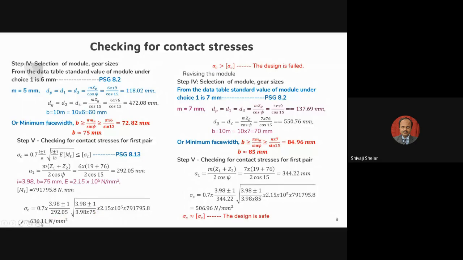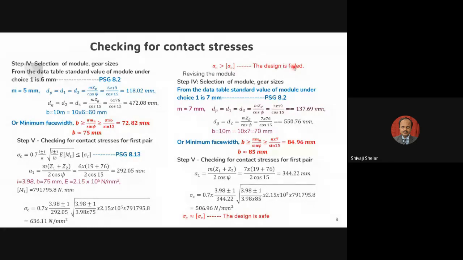We get this value as 636.11 Newton per millimeter square. What we observe is that the permitted value for the gear is around 500, and the induced value is 636. The induced value is greater than the design crushing stress value, so the design has failed.